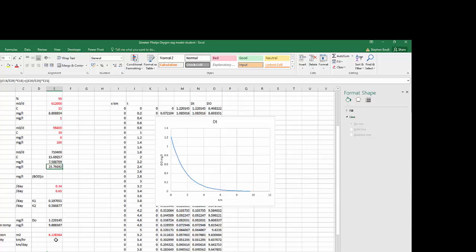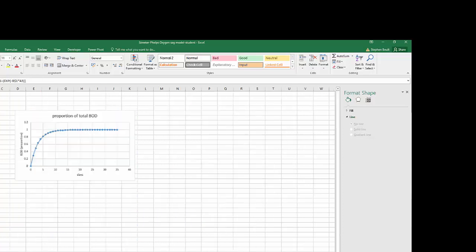In order for us to calculate that, we can click on this tab for BOD correction. The BOD correction, again, is an exponential. The deoxygenation coefficient is 0.34, and we've got a column here that works out the proportion of the total BOD, and it's 1 minus the exponential of the negative deoxygenation coefficient multiplied by time. So e to the minus kt, and it's 1 minus e to the minus kt.